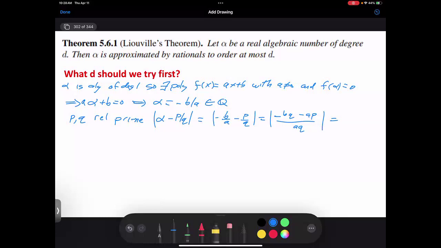The numerator is rational, but you can do better than rational. It's an integer. You know, a, b, p, and q are integers. So I have an integer over an integer. What kind of integer is the numerator?